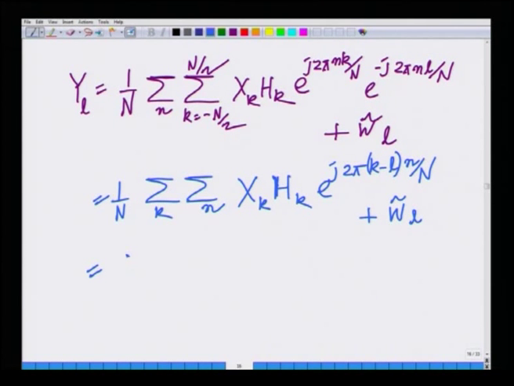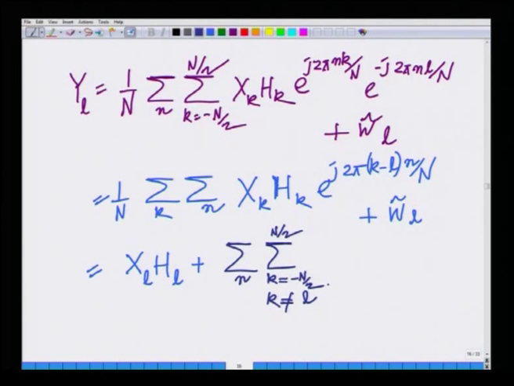So this reduces to X_L H_L plus the summation over k from -N/2 to N/2, k not equal to L. That is, we have extracted the term corresponding to k equals L. All that remains are terms with k not equal to L, x_k h_k e^{j2πn(k-L)/N} plus W̃_L, and we see that when k is not equal to L, this summation e^{j2πn(k-L)/N} summed over n equals 0.